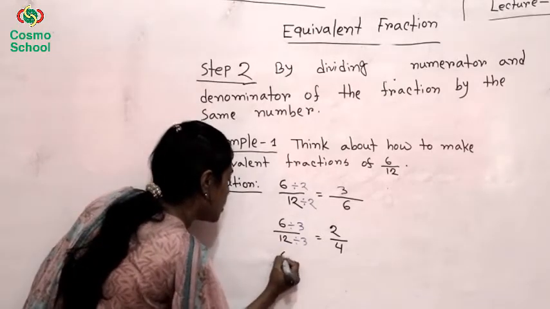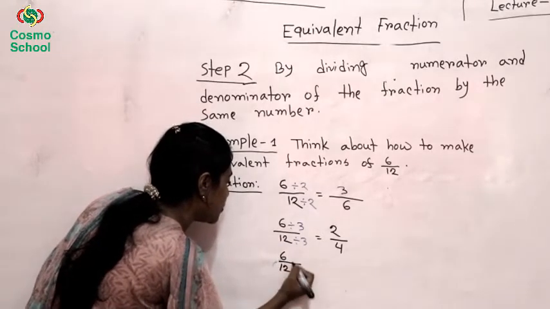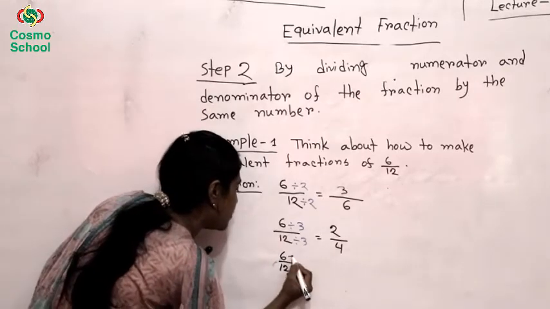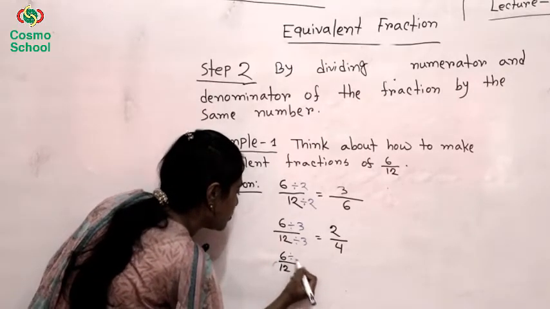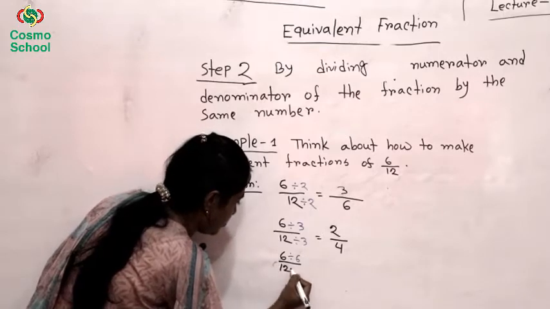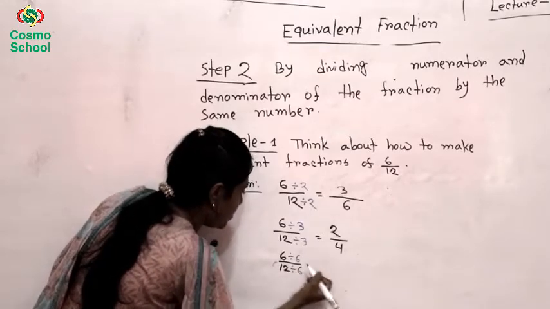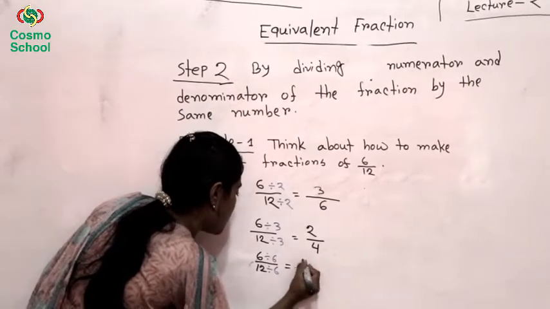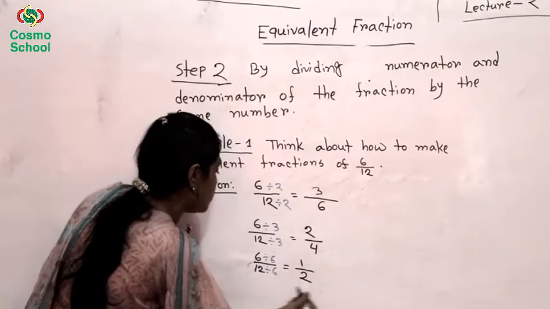In the third step, 6 divided by 12 is divided by 6, which is the same number, and that is 1 divided by 2.